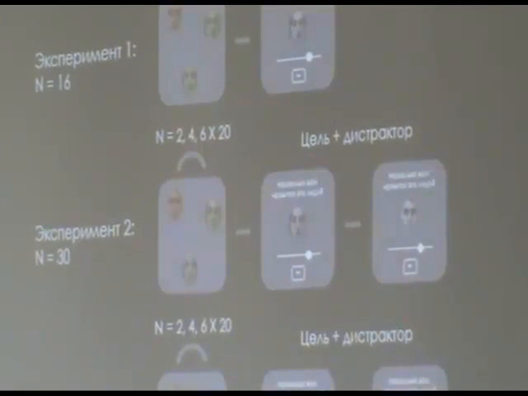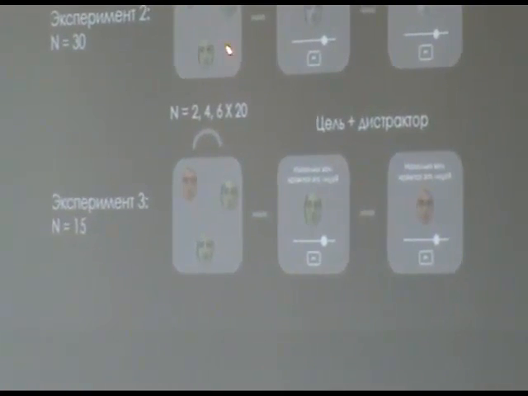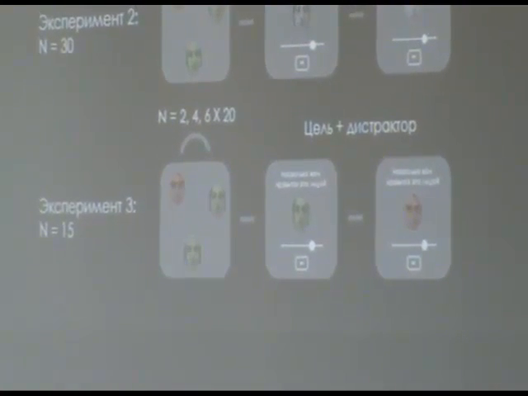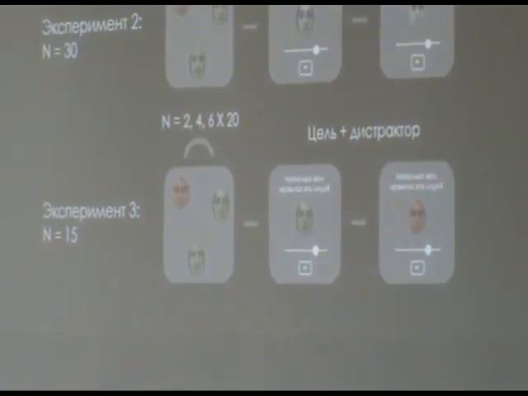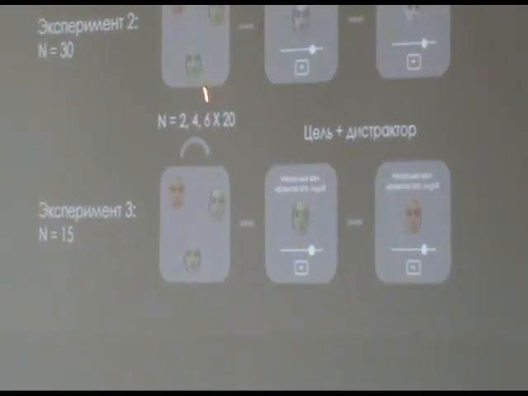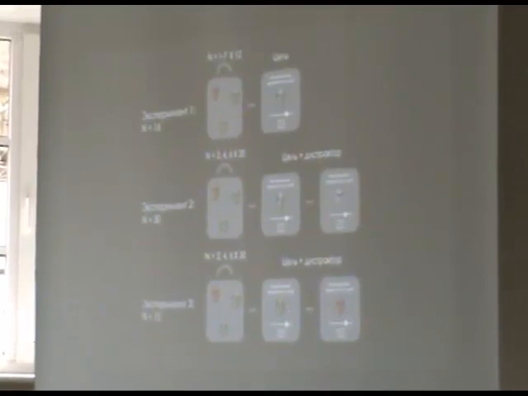And finally, the last experiment has the same design, but the observer evaluated faces with the same color. So here we get gray faces and color faces on the conjunction search. Here we have conjunction color faces on both sides of the trial.